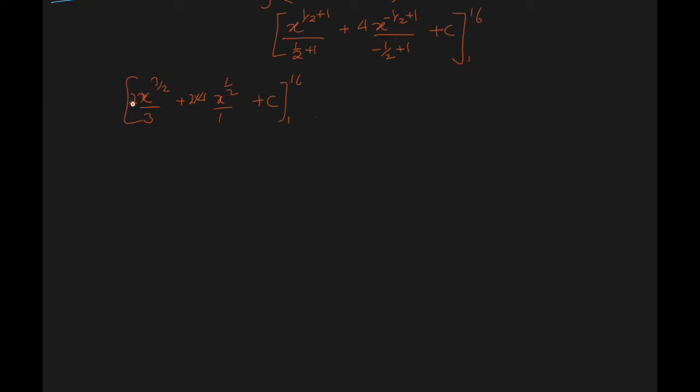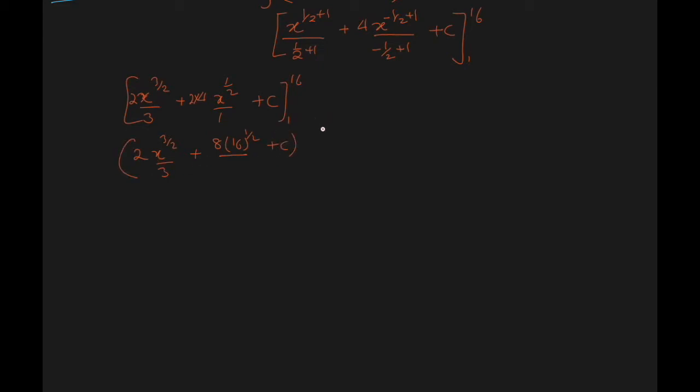Okay, so let's substitute 16 first. x to the power 3 over 2 over 3, plus 8, not x, we have 16 now, 16 to the power half, plus c.